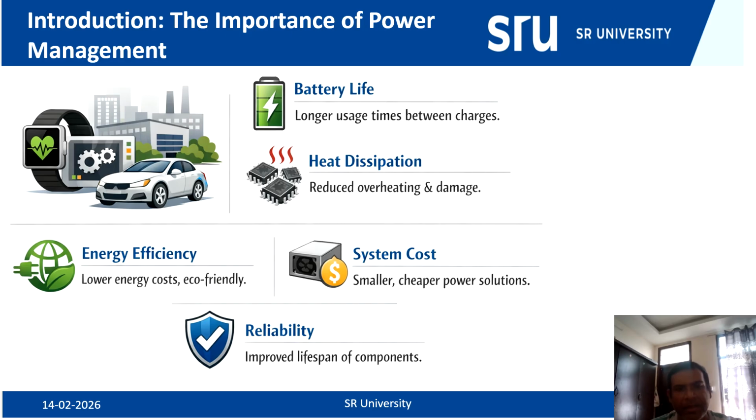Now, energy efficiency is another major factor. Even if the system is connected to a constant power source, reducing the energy consumption lowers the operating cost and supports environmental sustainability. In addition, the system cost can be reduced through smaller power supplies and simpler thermal management.